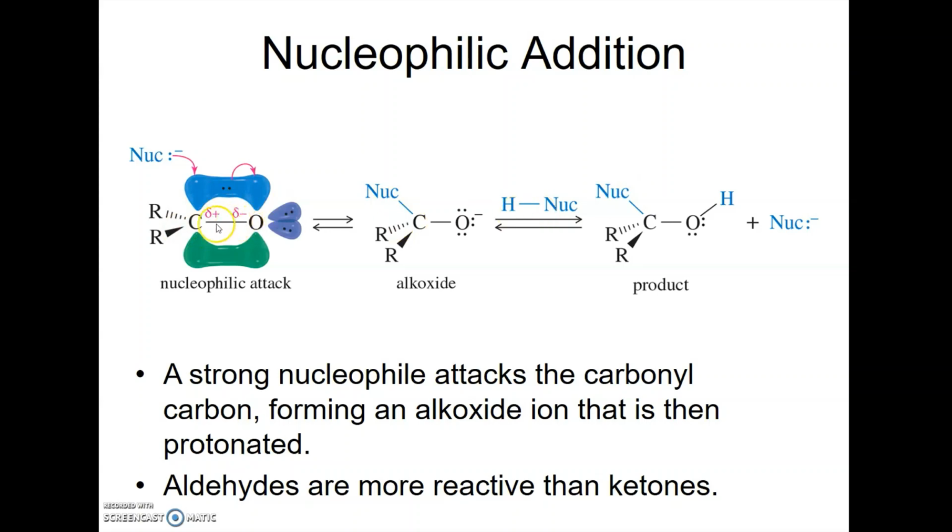That's why when you look at the mechanism of different types of compounds that are made by nucleophilic addition reactions, sometimes the nucleophile directly attacks the carbon, and sometimes, in order to make the carbon susceptible for attack, you need to acidify the solution.